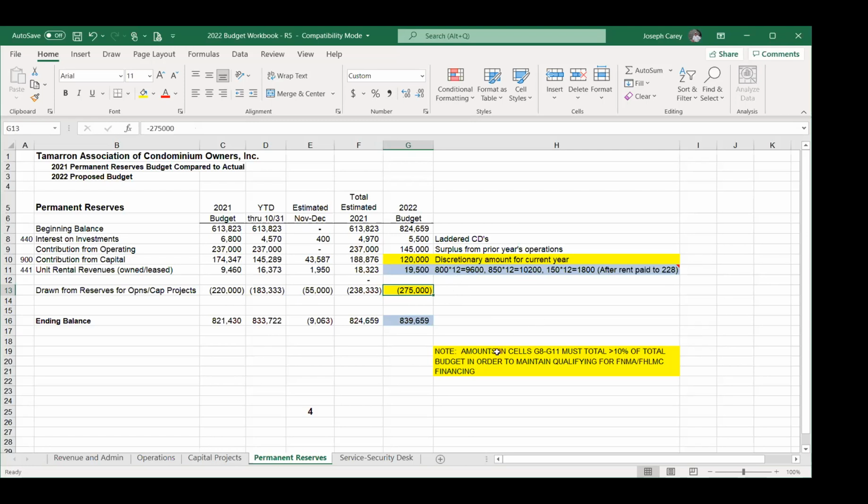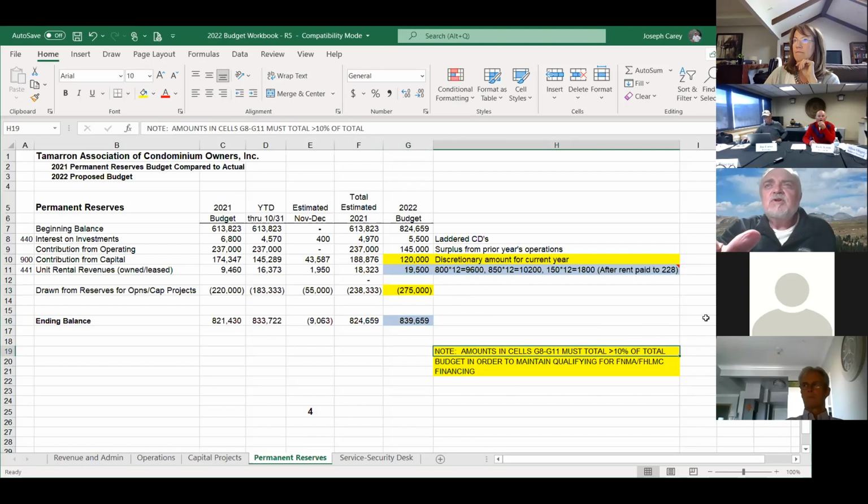So I hate to raise this issue, but I think we need to. To what extent, if any, should reserve contributions try to help us with the expected expenses with all of the plumbing replacement? That's a good point.